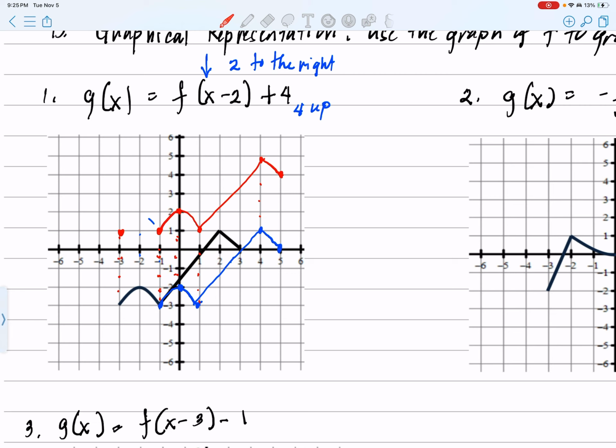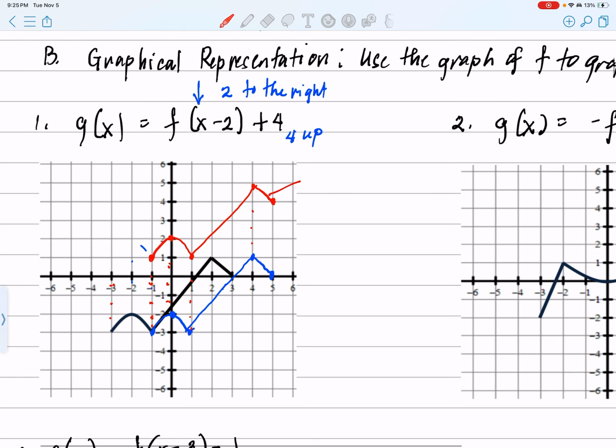Oh, there you go. I have it already. All right. So this is the new graph.